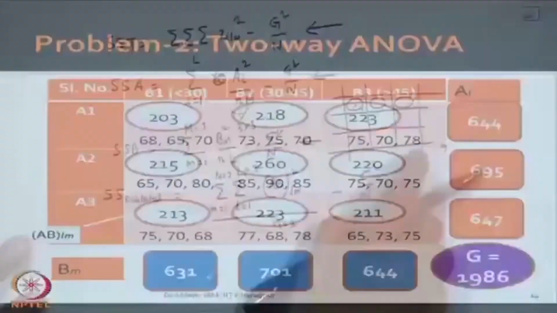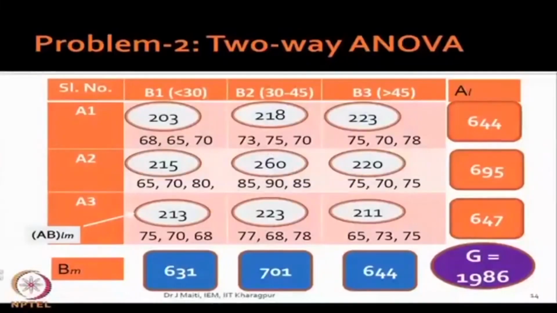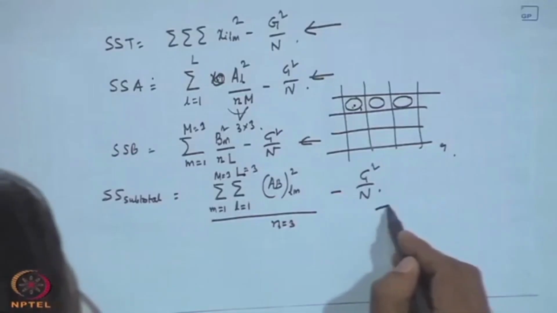Now, subtotal means the cell totals, 203, 218, 223, 215 and so on. You square all of these, then total them, then divide by the number of observations in each cell total.